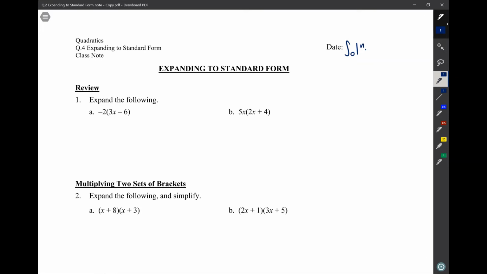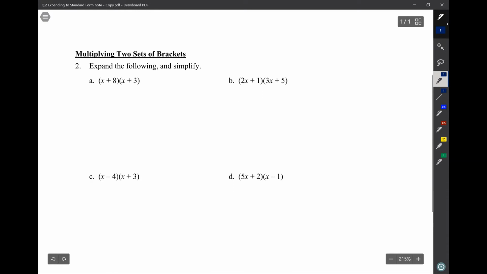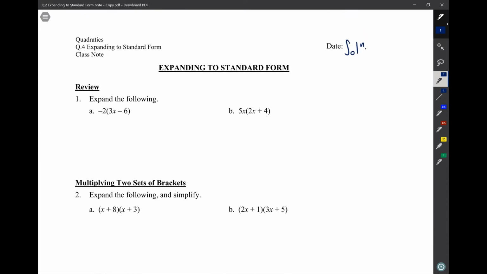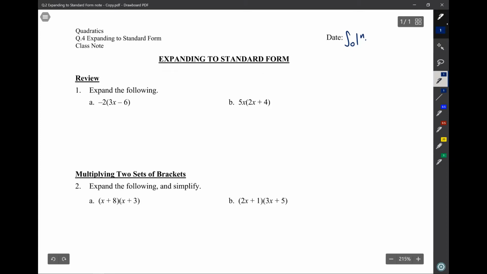Okay, so today let's work on expanding binomial expressions, and expanding into a set of brackets when we're multiplying. Let's just do some quick review first. When we're expanding something that looks like this, there's a hidden multiplication sign between this -2 and the first bracket here.